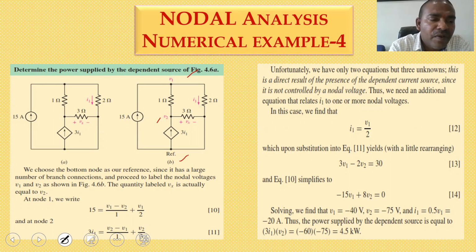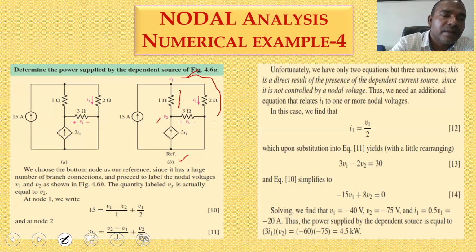For node 1, the node voltage is V1. I am writing the nodal equation: 15 amperes is entering, (V1 minus V2) by 1 is the current flowing through the 1 ohm resistor, and V1 by 2 is the current flowing through the 2 ohm resistor. That is your first equation. Then coming to the second node, there are 3 currents.